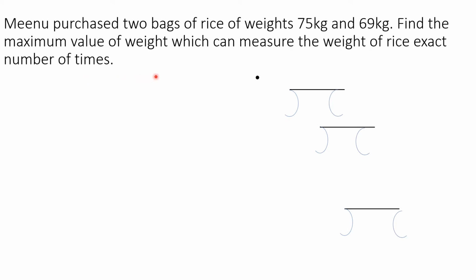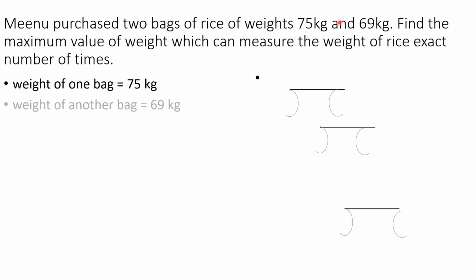So here also at first we will go part by part. First part is about 2 bags of rice. So the weight of one bag equals 75 kilogram and the weight of another bag equals 69 kilogram. Now come to the second part. Find the maximum value of weight which can measure the weight of rice an exact number of times.